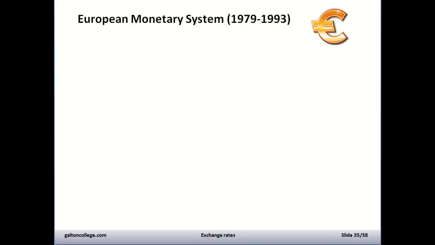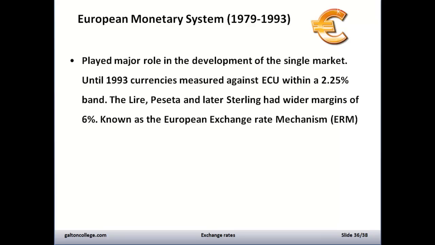Then we have different political systems and economic systems that try to bring together all of this and try to make some sense out of the foreign exchange markets and get some sort of coherence and stability. An early one was the European monetary system, which lasted until 1993. This was a system where the idea was to develop a single market in Europe and eventually move to some sort of single currency.